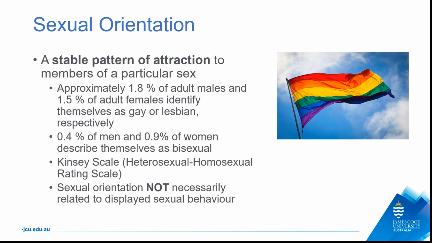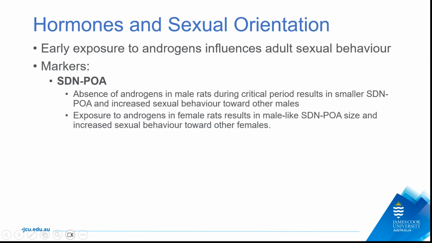However, sexual orientation is not necessarily related to displayed sexual behavior. So whatever you say does not really mean that you actually do that thing, whatever it is. And early exposure to androgens influences adult sexual behavior. Again, we have all these developmental and biological markers, SDN-POA, that's what we talk about.